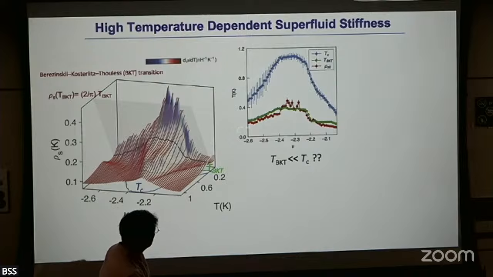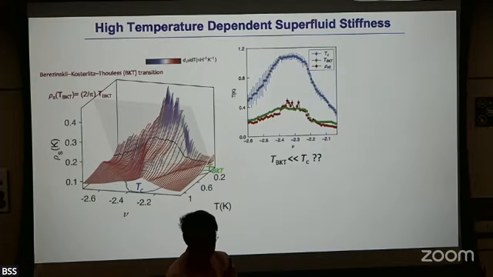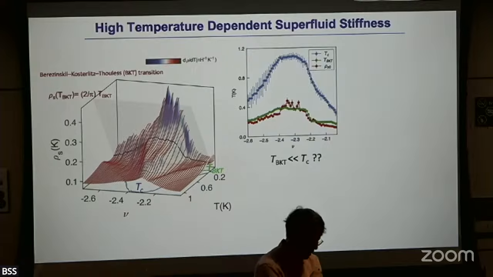So this green line is from the measured rho of T, using these connections, I plotted out the BKT transition temperature we obtained from the calculations, right? And once you do that, there are a few things that really disturb us.